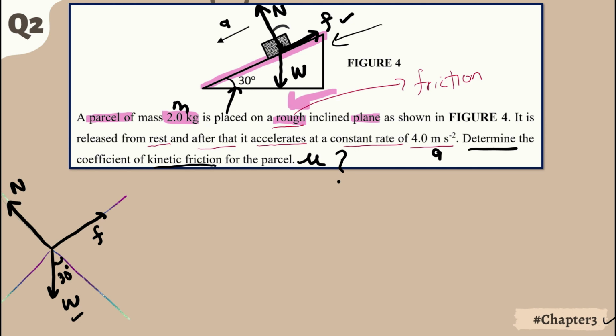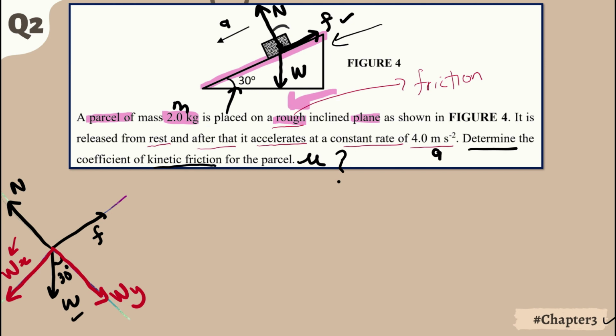When we resolve, we have here Ws and here Wy. The parcel is moving down the plane because of the component Ws.